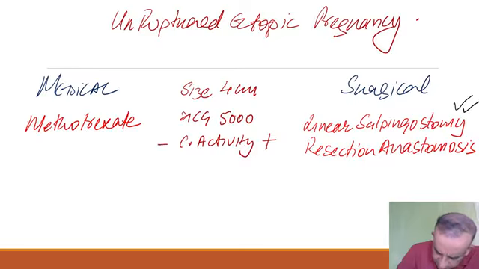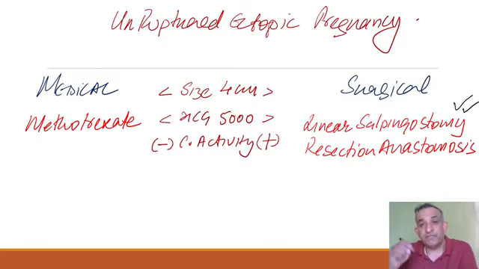If cardiac activity is negative, we do medical management. If the HCG is more than 5,000 we do surgical management, less than 5,000 we do medical management. If the size is more than 4 centimeters, we do surgical management; if it is less than 4 centimeters, we do medical management. These are the criteria. So anything towards the right side will prompt us to do a surgical management.